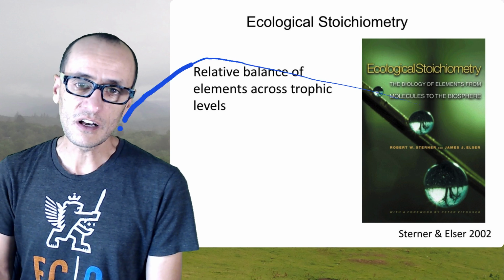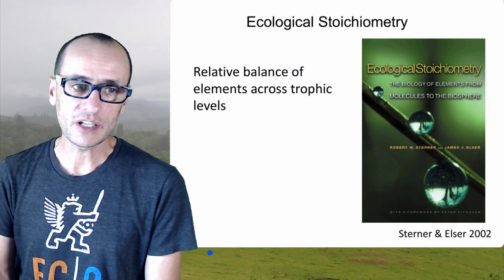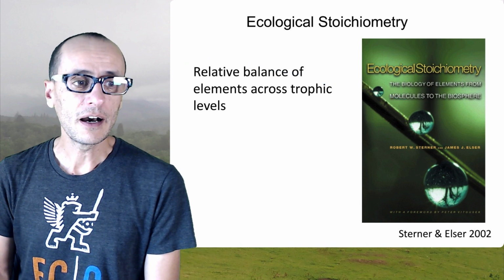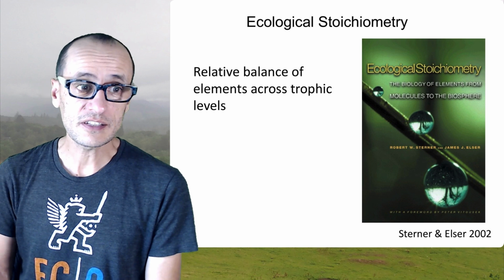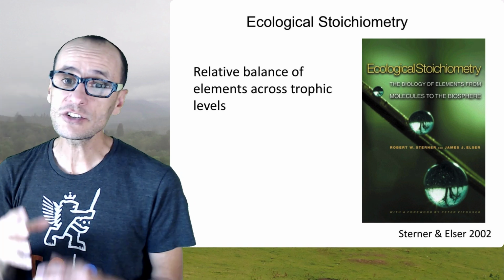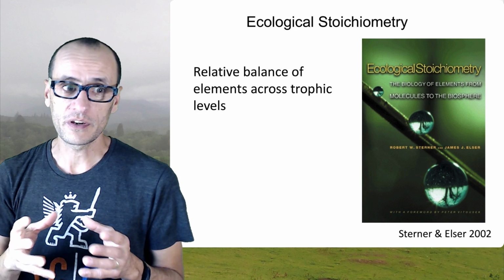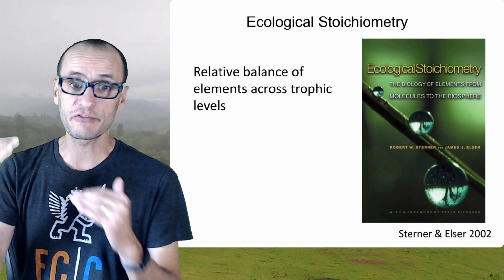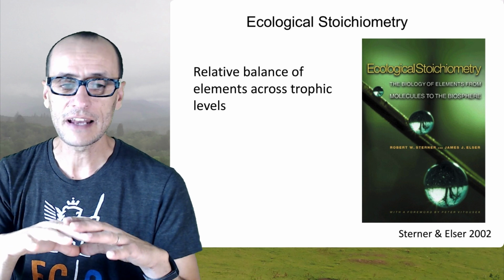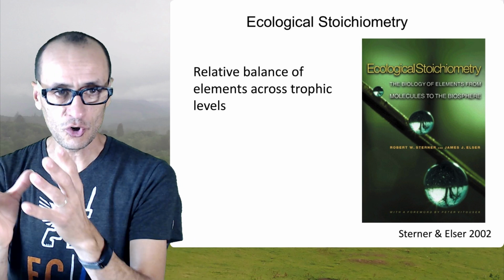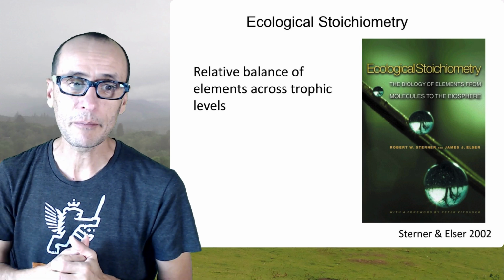So this field of ecological stoichiometry tries to understand the relative balance, not just the absolute amounts, of the key elements in organisms across different trophic levels. And what I mean by that is plants versus their herbivores, just as an example.